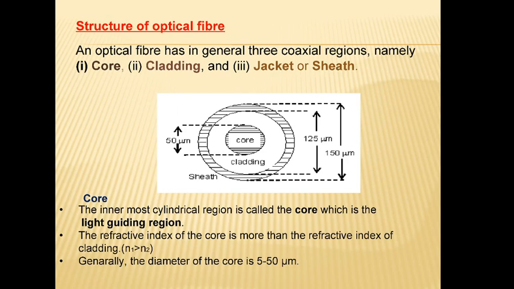This is the cross-section area of the optical fiber. The core is the innermost, very small region; only in the core is the light transmitted or propagated. Above the core, the white region is known as the cladding.